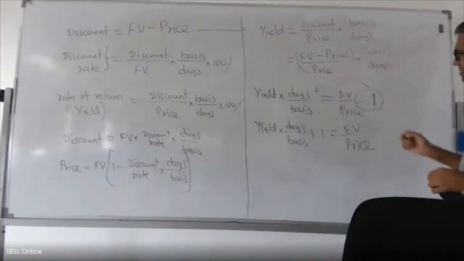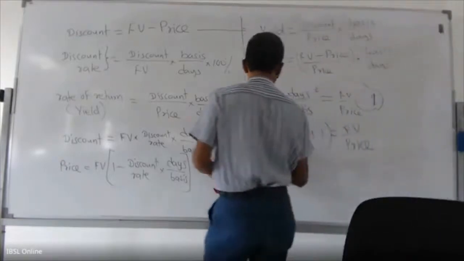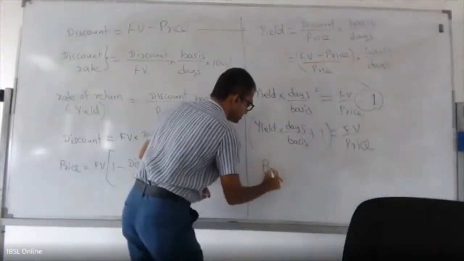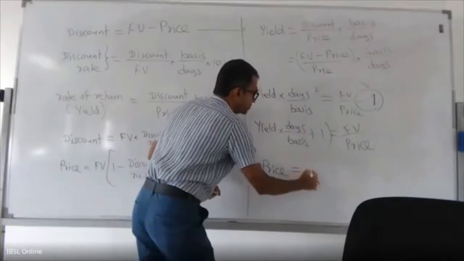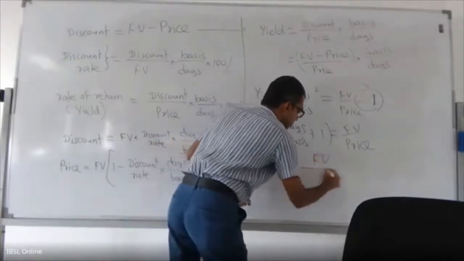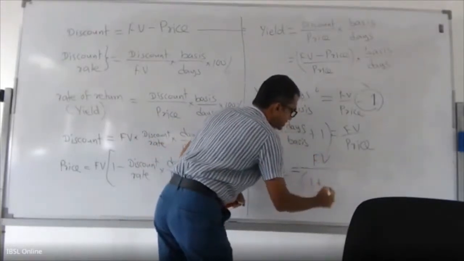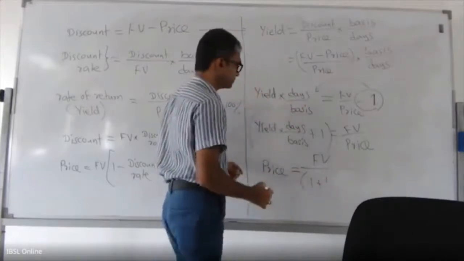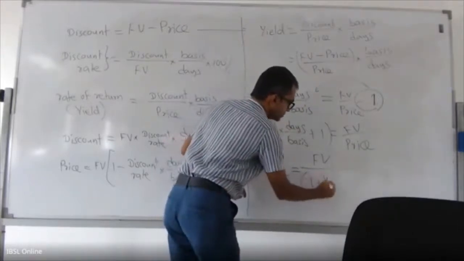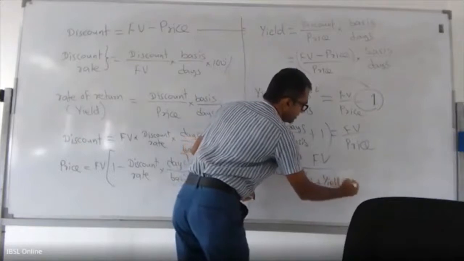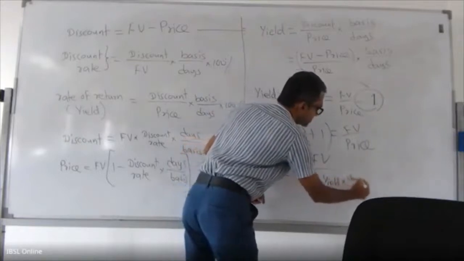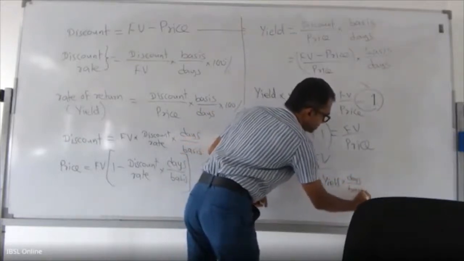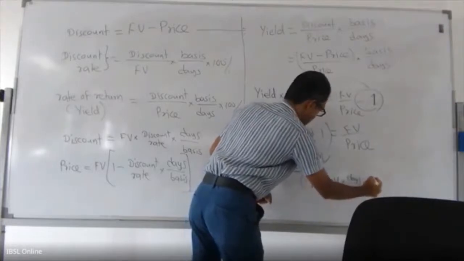From this, we can write price equals FV over 1 plus yield into base divided by basis.